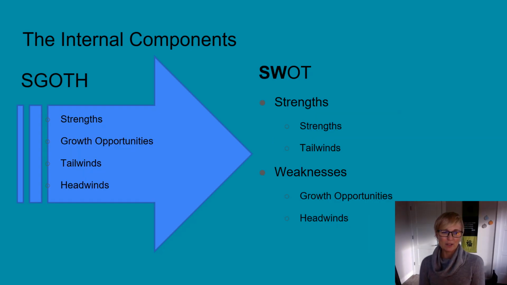So your SCOF, your strengths, growth opportunities, tailwinds, and headwinds, are all internal components. They are attributes of you, the founder, and as the founder or the entrepreneur or leader, those parts of yourself will get mapped into the SWOT, into the strengths and weaknesses categories.